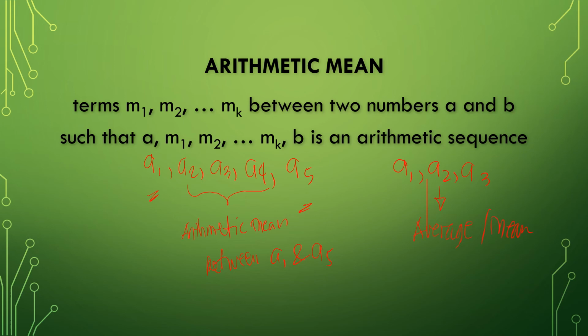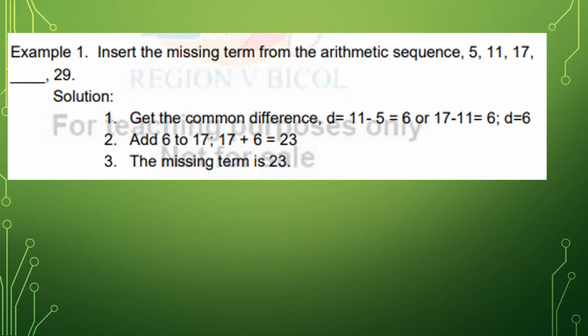Okay, how to find or insert arithmetic means between two numbers? Let us first take this example. Insert the missing term from the arithmetic sequence 5, 11, 17, blank, and 29. So what will be the number after 17 or before 29? You are going to get first the common difference.